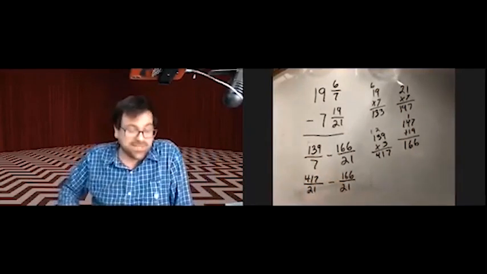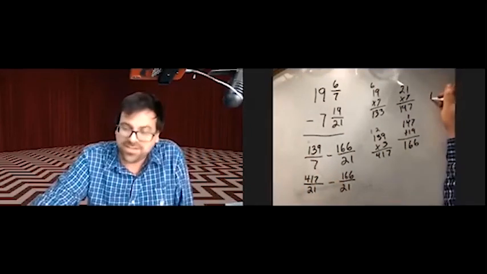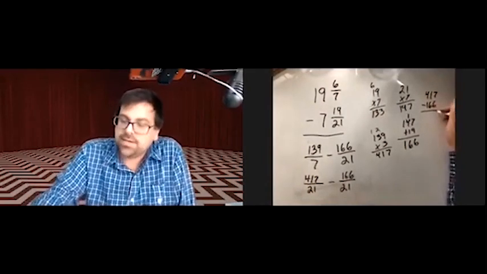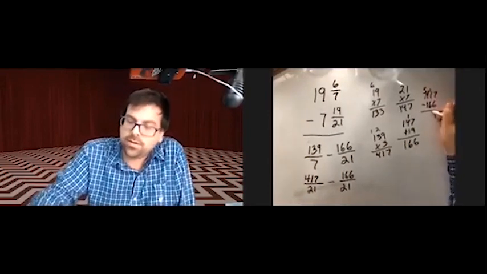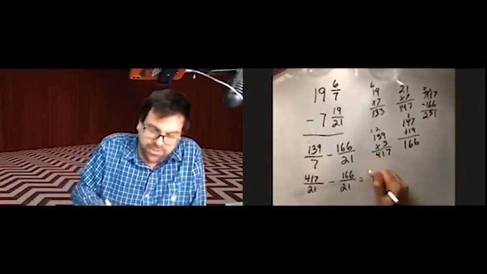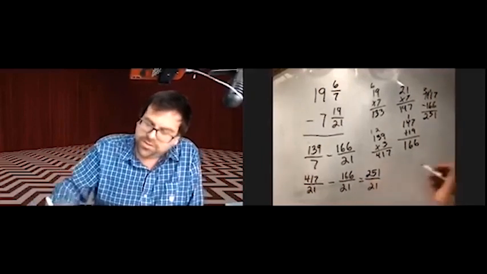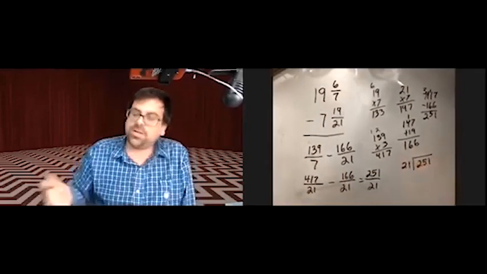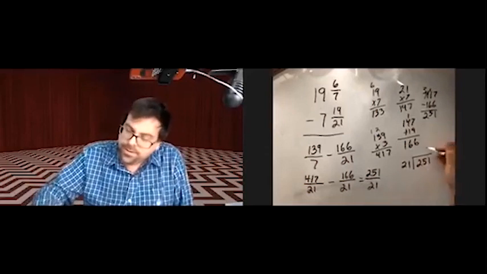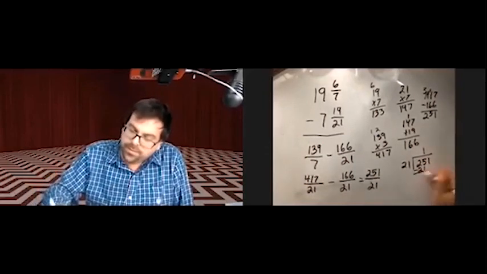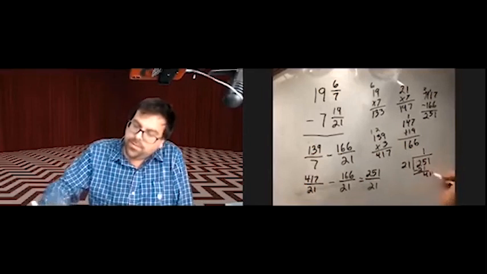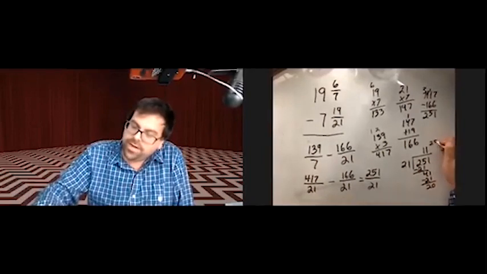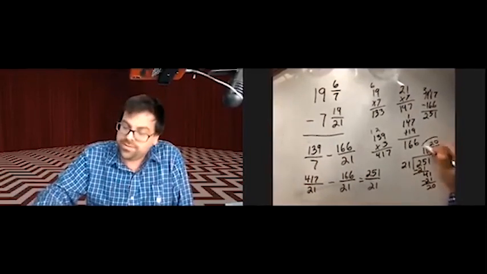417 21sts minus 166 21sts. 417 minus 166 is 251 21sts, and then we divide. 251 divided by 21 is 11 and 20 21sts.